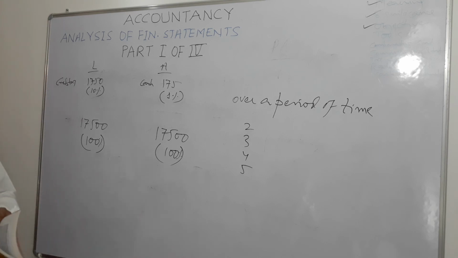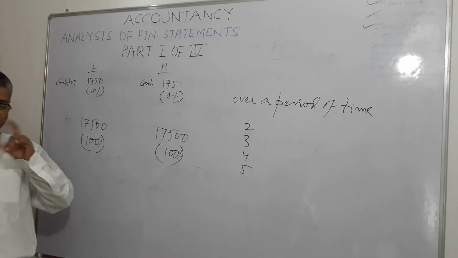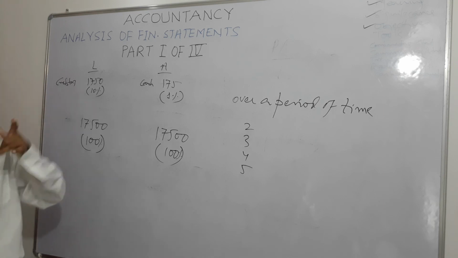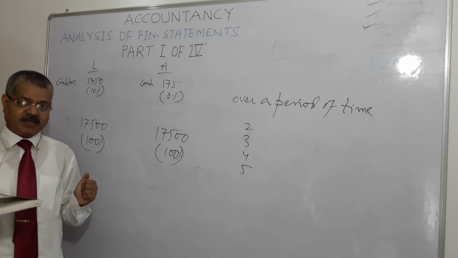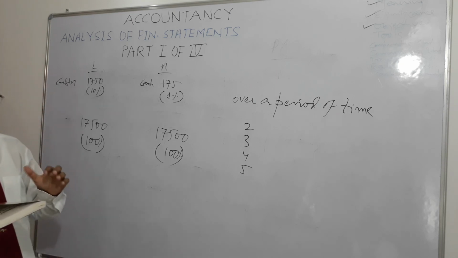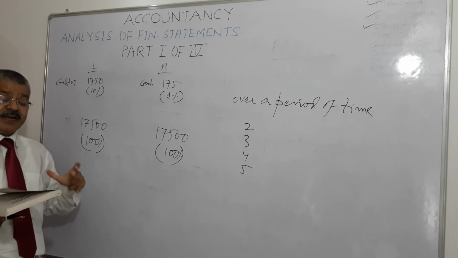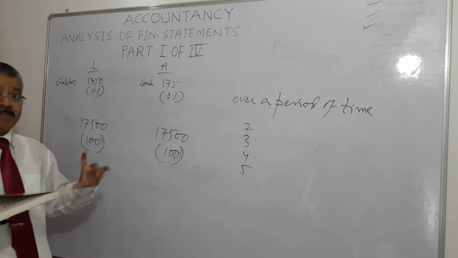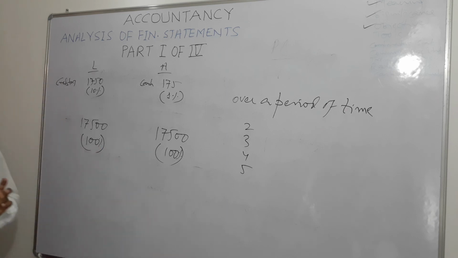And then ratio analysis. What is the ratio analysis? It describes the significant relationship that exists between various items of the balance sheet and the profit and loss statement. Ratio.